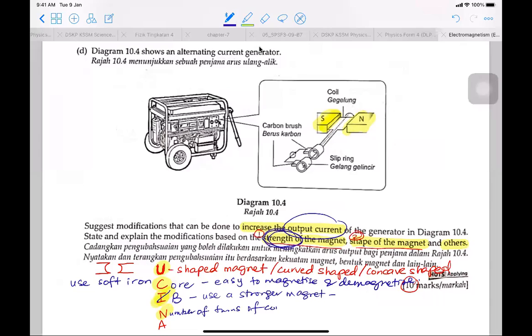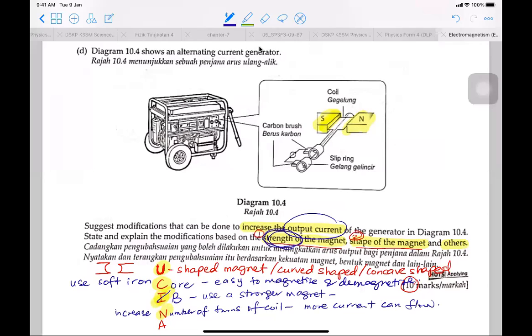Okay, reason? What is the reason for us to increase the number of turns of coil? So that more current can flow.